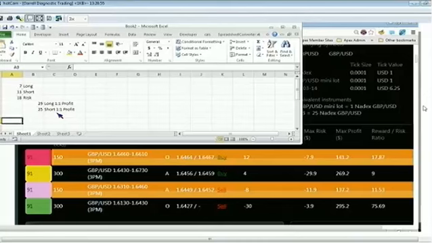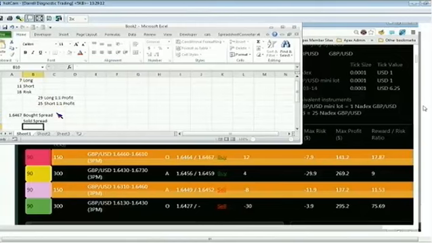And then if we go in here and I put in, what price am I buying this at? I'm buying it at 1.6467. This is my bought spread. And then my sold spread, I'm going to sell it at 1.6449.